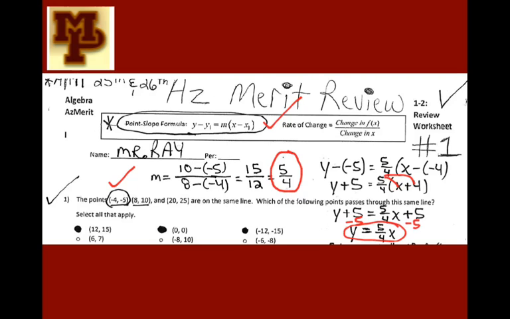And then take that and start plugging in those points and see which points actually make the equation true. The ones that I have listed there actually make the equation true. When I say make the equation true, I mean it satisfies it, right? So if you put a 12 in for the x, that would look like this.